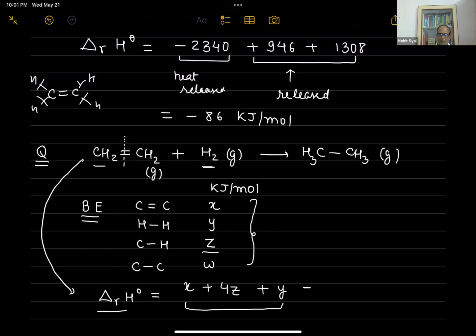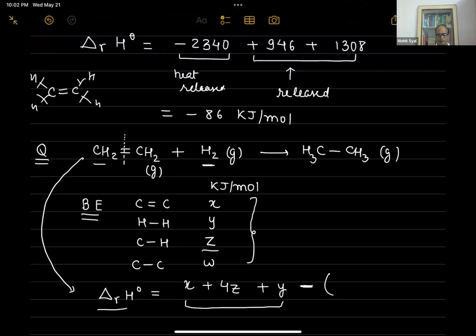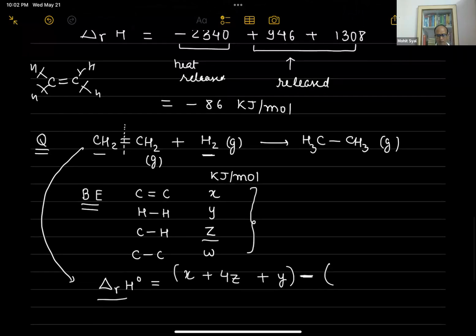Then for the products, the bonds are formed. So minus the sum of the bond enthalpies of the products. In the product, as you can see, there is one carbon-carbon bond being formed, and its energy is W. I will take all the bond enthalpies to be positive. And there are 6 C-H bonds.